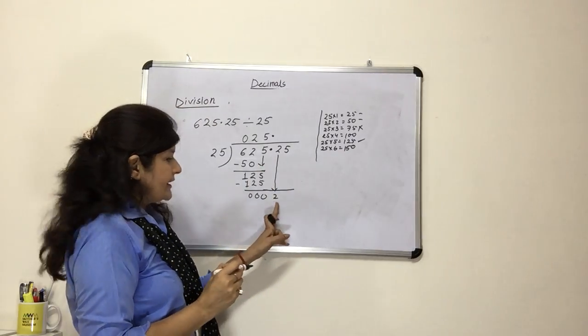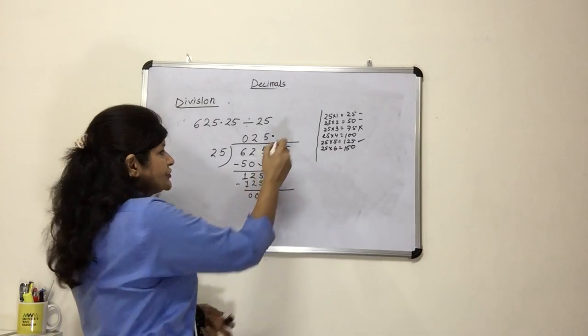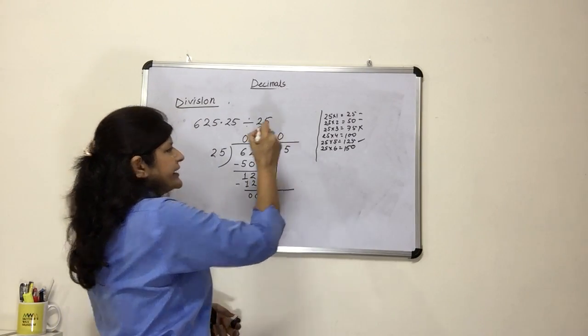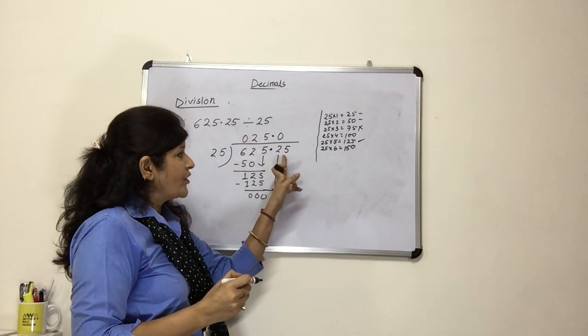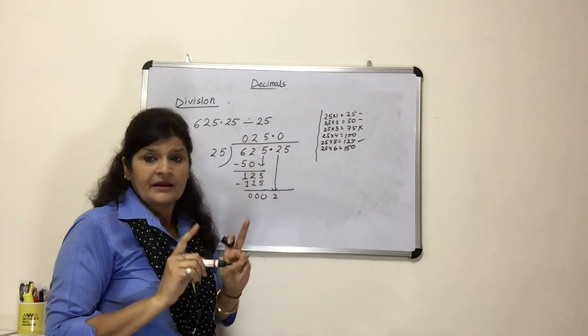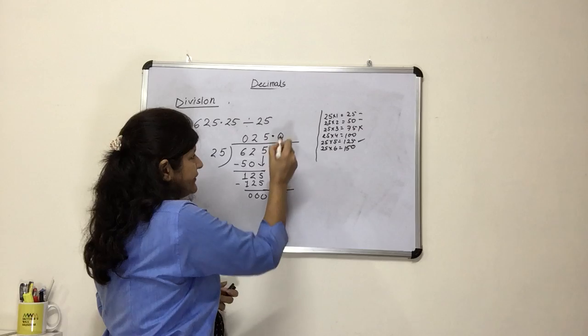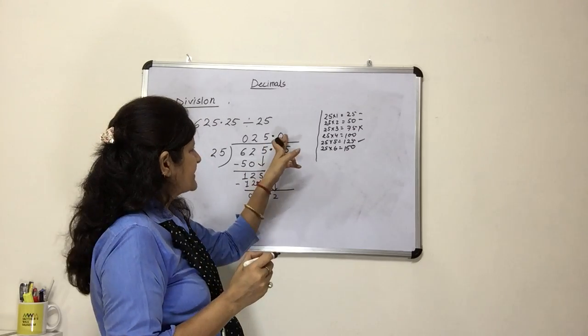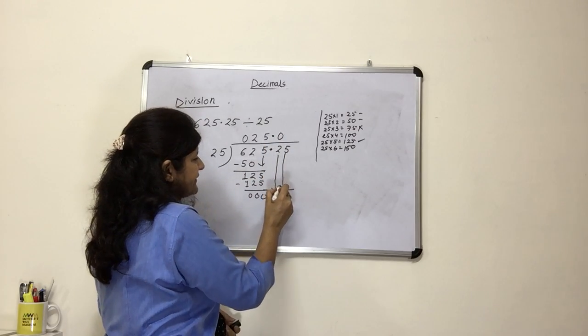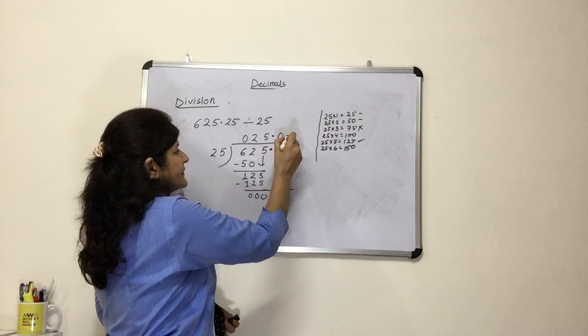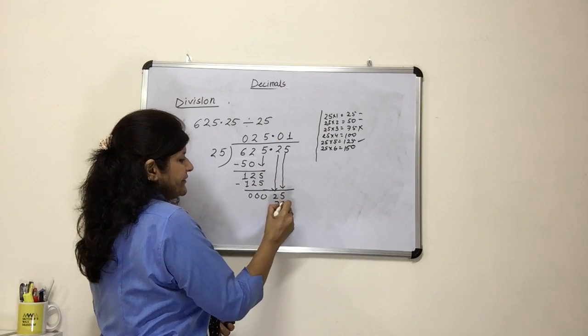Right? Again 2, we cannot divide 2. So just above the 2 we will write 0. It means that when we copy the 2, it will not be divided. Now we have got the power after putting the 0 to copy down this 5. 25 ones are 25.